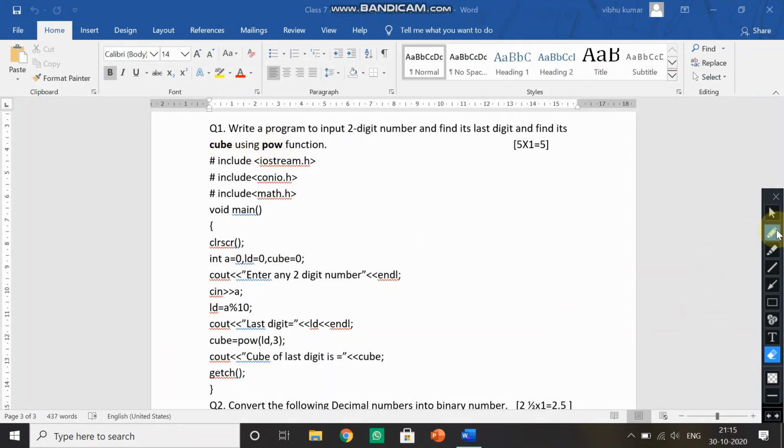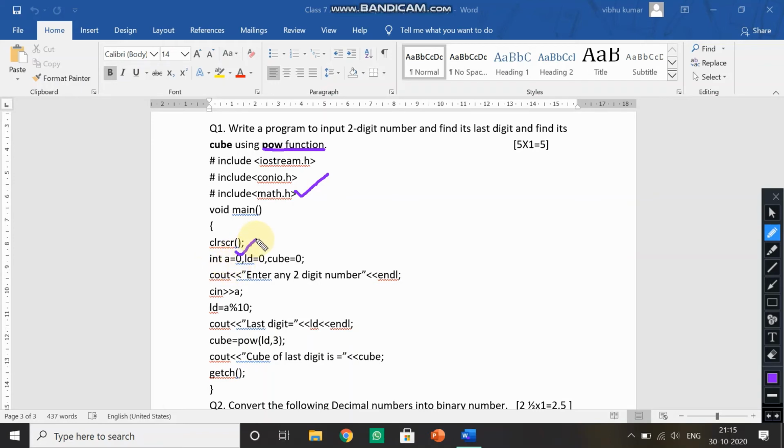Now you can see we have to write the structure of the program. Because we are using the power function here, we need to use the math file. This is a must to write. Whenever you are using any such function, you need to include one extra file, that is math.h. Then coming to the structure, you can write int a is equal to 0.